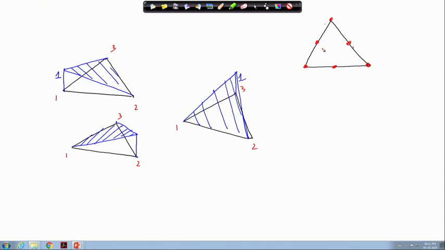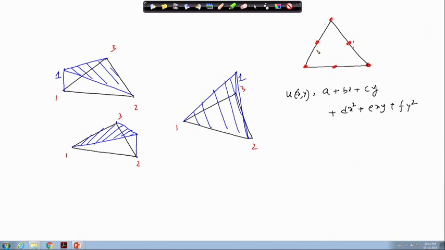So you can have an expression, for instance, u x y equal to a constant plus b x plus c y plus d x square plus e x y plus f y square. So a, b, c, d, e, f are 6 unknowns, you have the values at the 6 nodes, and you can get the corresponding shape functions. In that case your shape function will not be linear, it will be quadratic, but they still satisfy that property: at that particular node the shape function will be 1 and at the rest of the nodes it will be 0.